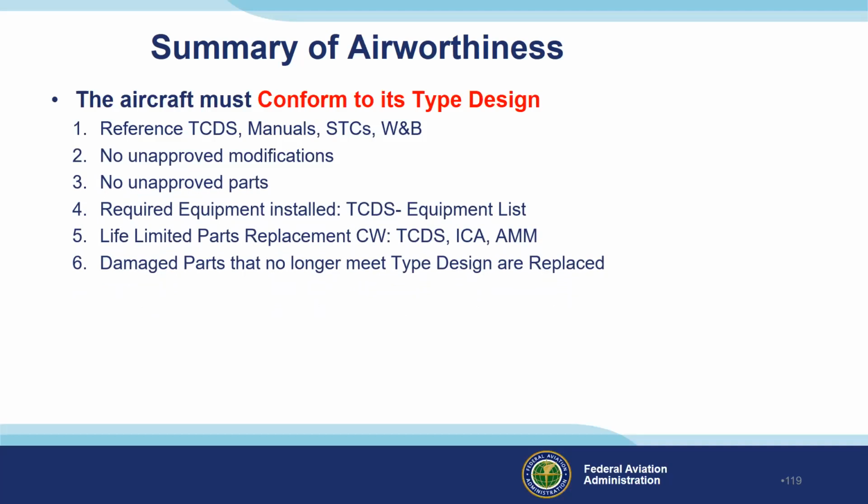Make sure the required equipment is installed. Remember the equipment that had the R beside it in the equipment list or on the type certificate data sheet? Make sure life limited parts are replaced when they're supposed to be replaced. Look for damaged parts that no longer meet their type design.